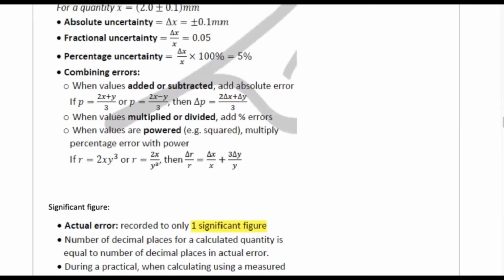We have more techniques here. The second technique is for when values are multiplied or divided. That means when the formula involves multiplication or division, we add the percentage errors. So how do we add the percentage errors? Let's see an example.